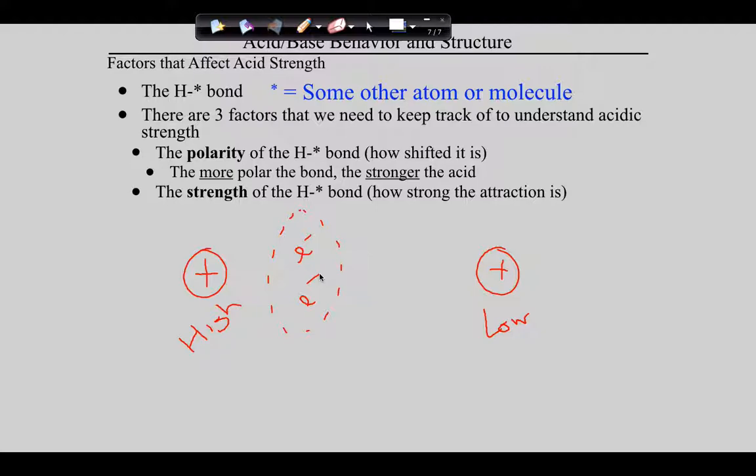But guys, that has nothing to do with strength. Strength is a different factor altogether. So what determines the strength of the bond? And guys, you may remember there's a lot of forces at play here. Can we talk about them? What are the forces at play?